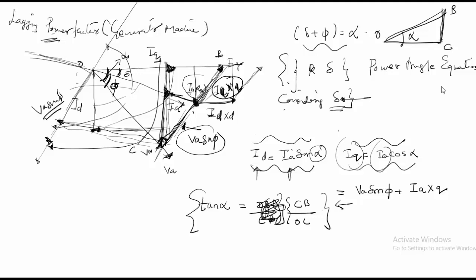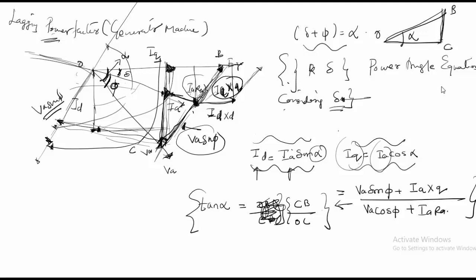Divided by VA cos phi, which is the projection onto here, onto this, which is my reference, plus IA Ra.